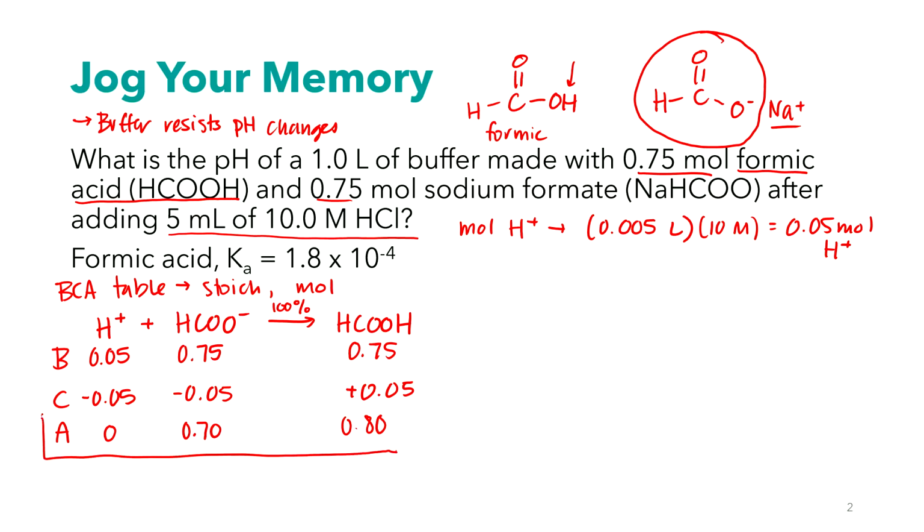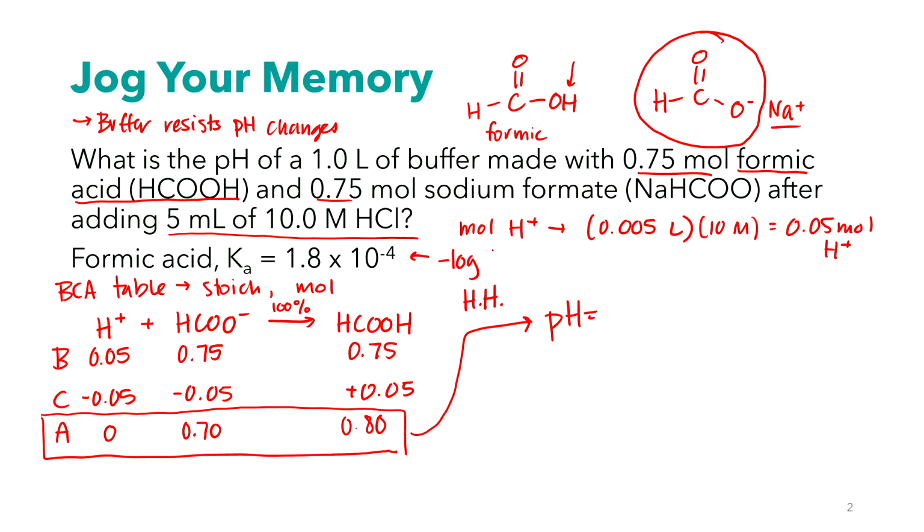These are now the values that I can take and plug into Henderson-Hasselbalch. I have a large amount of my acid and its conjugate base. That looks like a Henderson-Hasselbalch problem. So pH equals pKa. I need to take the negative log of Ka to get my pKa. That's 3.74.